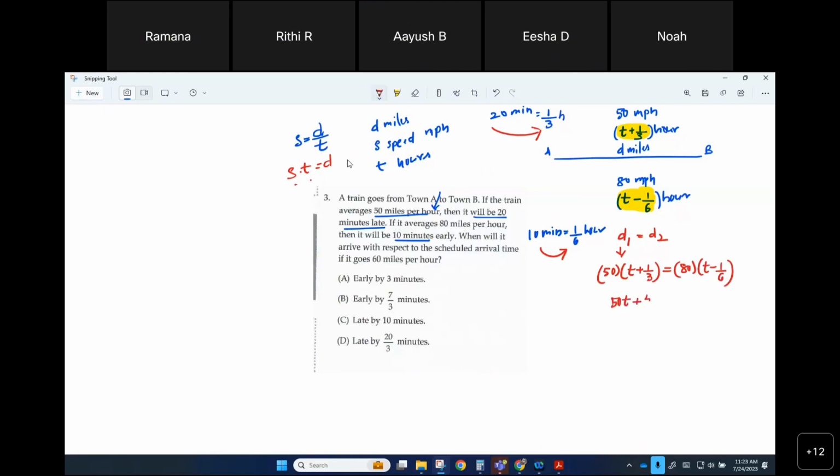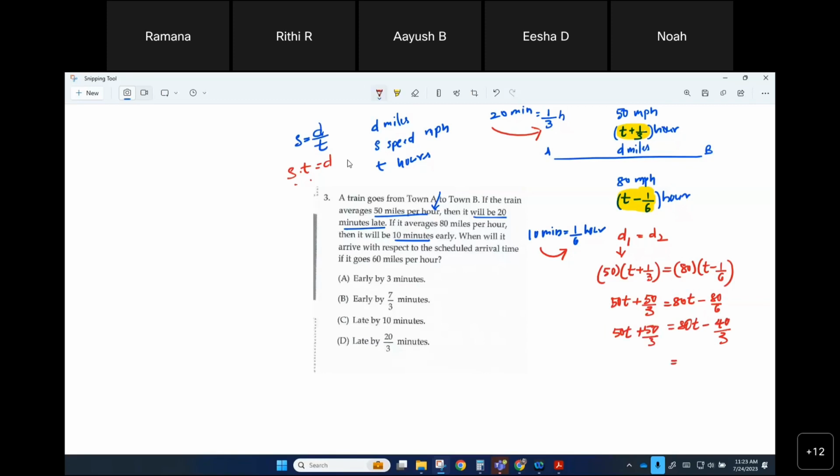50t plus 50 over 3 is equal to 80t minus 80 over 6. Isn't 80 over 6 equal to 40 over 3? Please look carefully at my calculation.